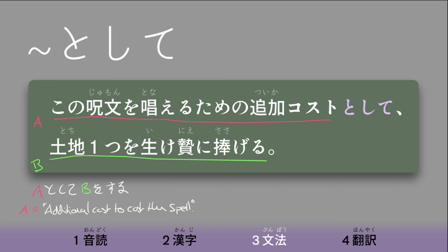For B, we have 土地一つを生贄に捧げる. So something を生贄に捧げる is to sacrifice something. The something in this case is 土地一つ, a single land that you control on the battlefield. So B says sacrifice a land.